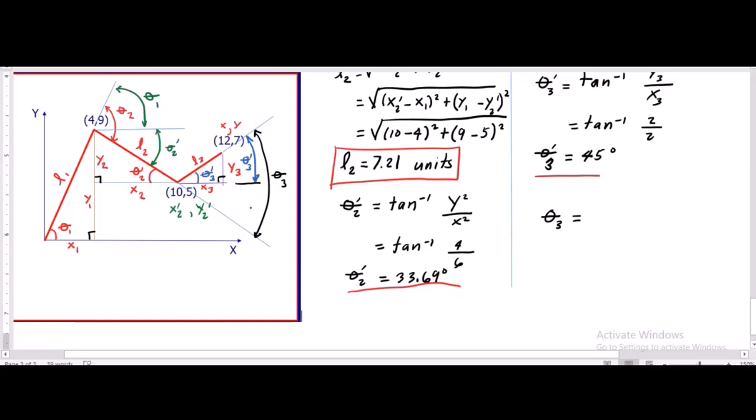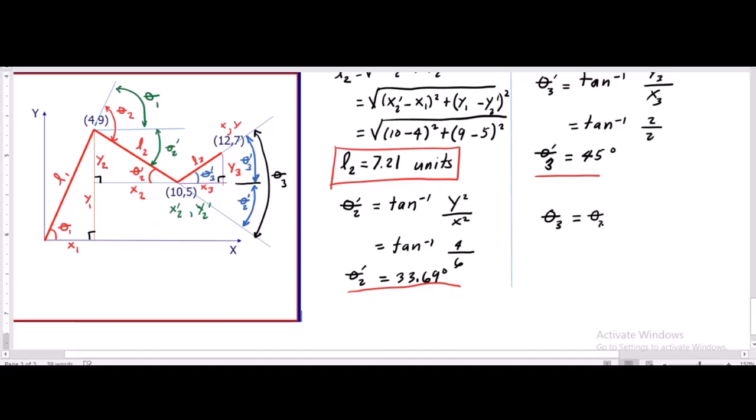And how about this one? What's the angle of this? Since this is extended here, you can see it's the theta 2 prime. Now, if you add theta 2 prime and theta 3 prime, that gives you theta 3.